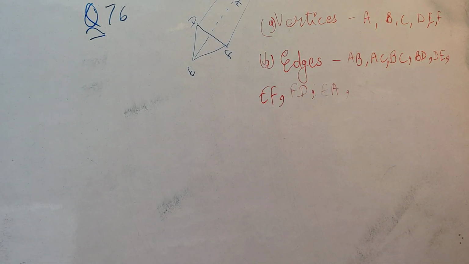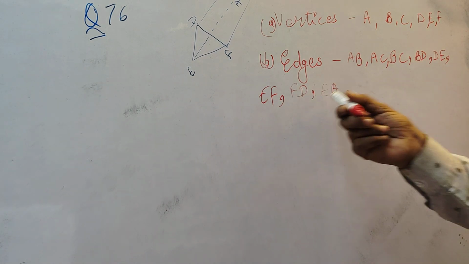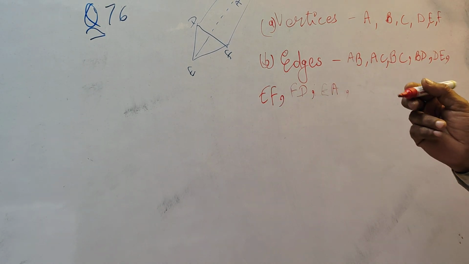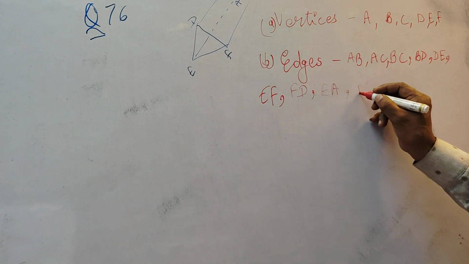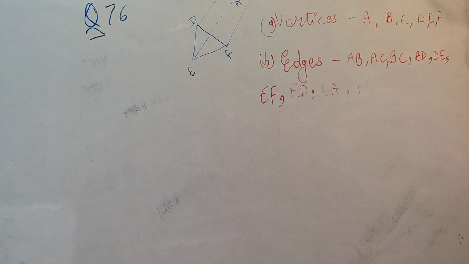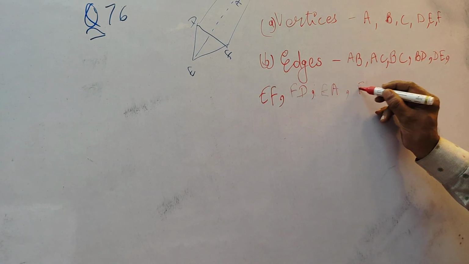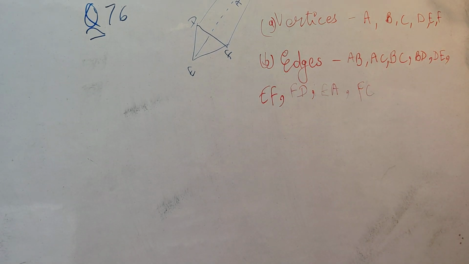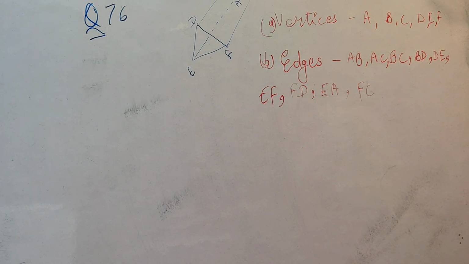So there are nine edges. Counting 1, 2, 3, 4, 5, 6, 7, 8, one is left. Which one? DF is left. FD is there, and FC is missing. Yes, now it is nine. So there are nine edges.